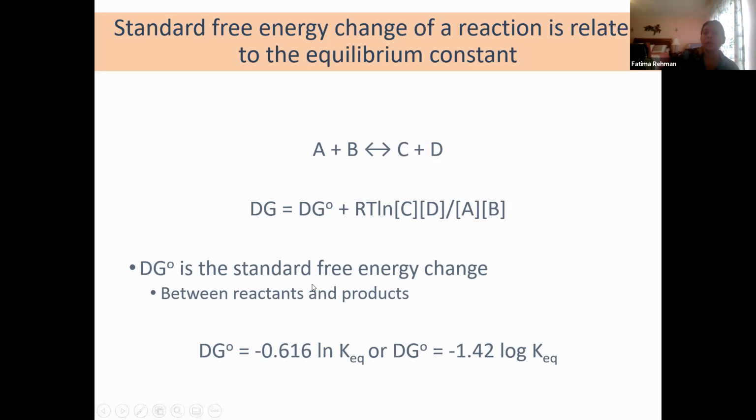So the free energy change is going to be the total change between your reactants and the products that are getting produced. And that's what you're going to look at. We'll talk about this equilibrium constant later on, in a minute, where it will become a little bit clearer how to look at that.